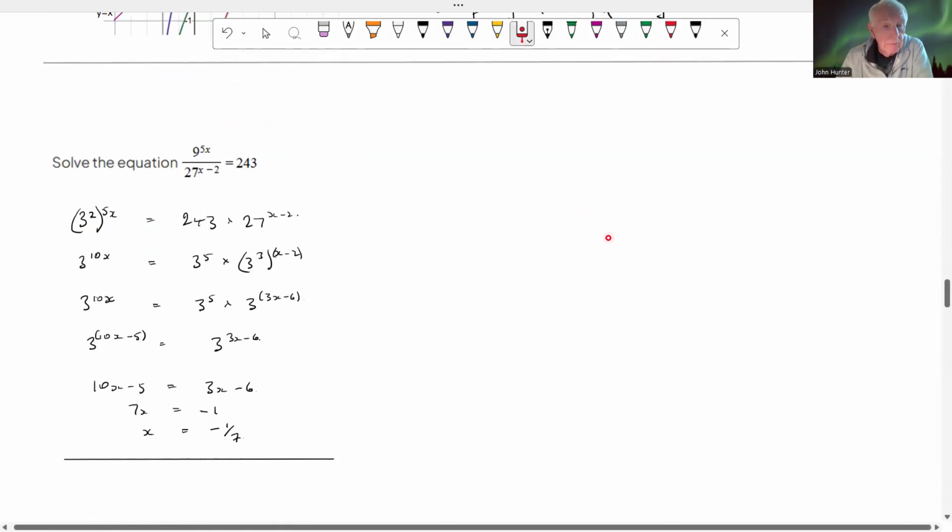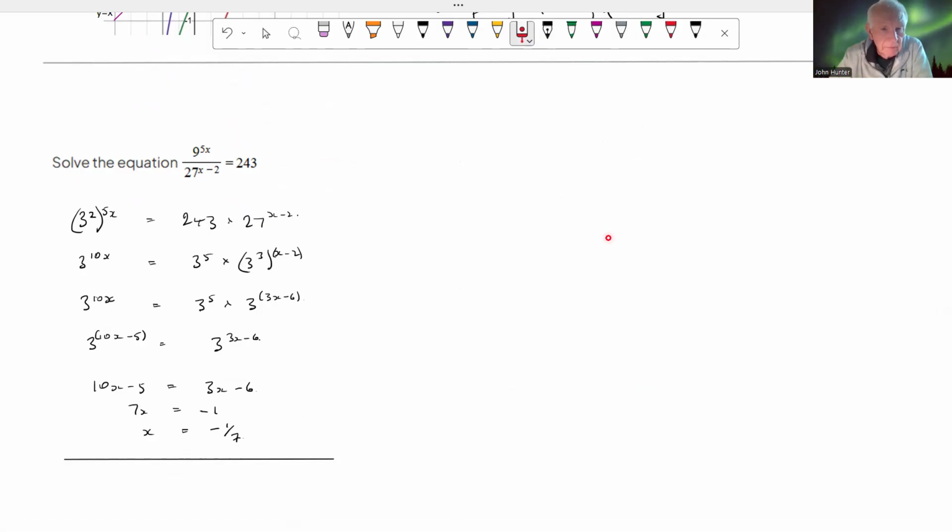Right, so let's go down a bit further. Solve this equation: 9 to the power of 5x divided by 27 to the power of x minus 2 equals 243. Okay, so you can observe in there that all the bases are multiples of 3, powers of 3, in fact.